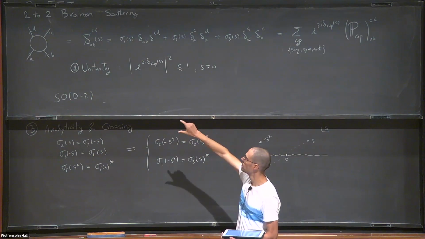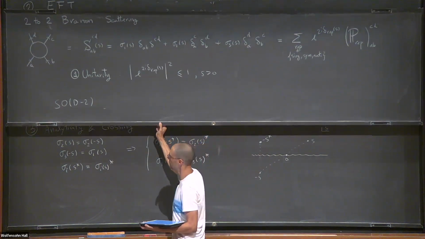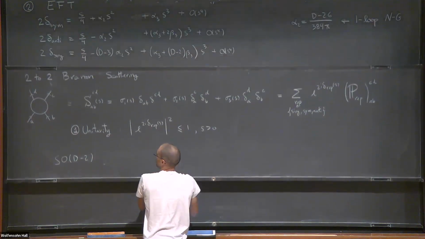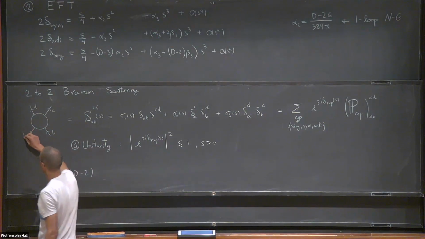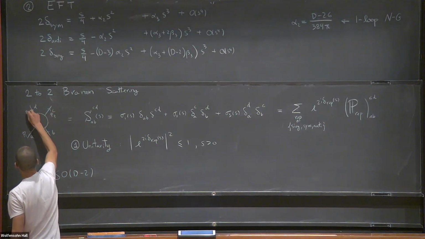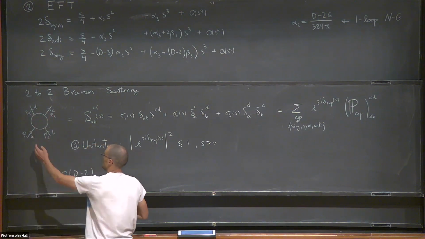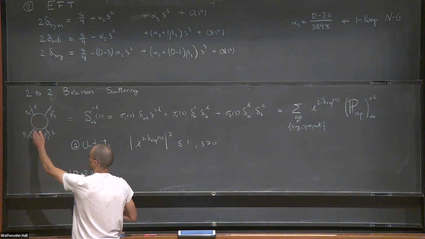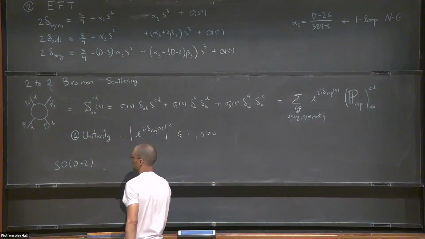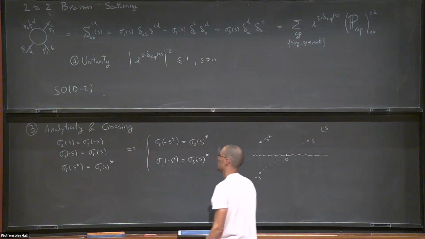There are also momenta, P1, P2, P3, P4. If you permute P1 A with P3 C, for example, you interchange S and T, and you interchange A and C. That gives you these crossing symmetry relations.